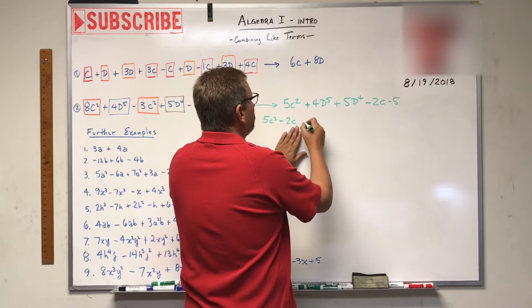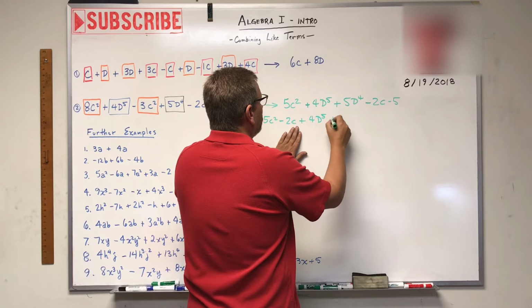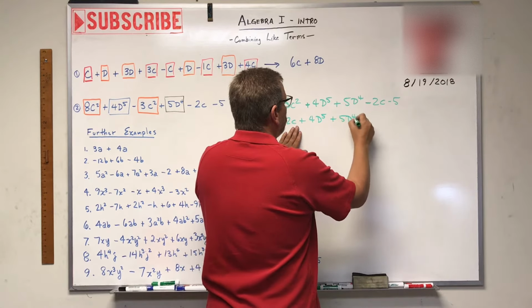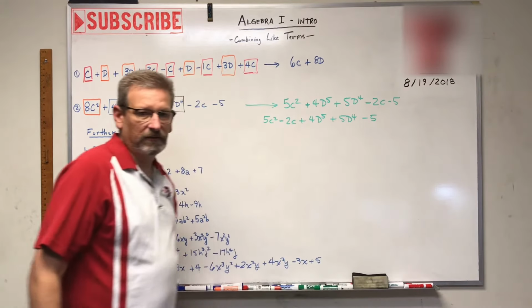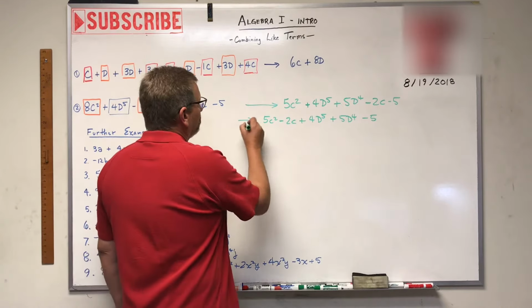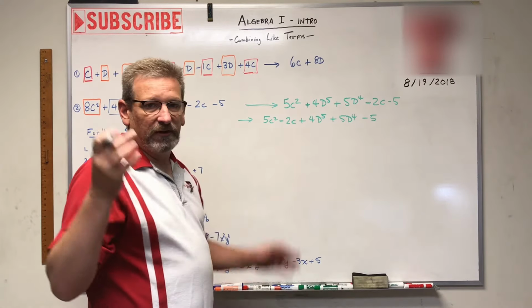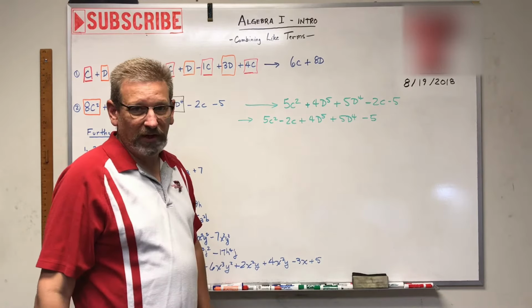The d's, right? Plus 4d to the 5th plus 5d to the 4th. We're descending here. And then the minus 5 on the end. Okay? And that's how we would typically write that. So alphabetical order first, and then your exponent second. Okay? Easy.